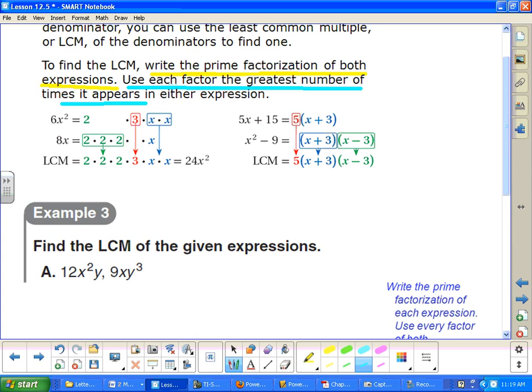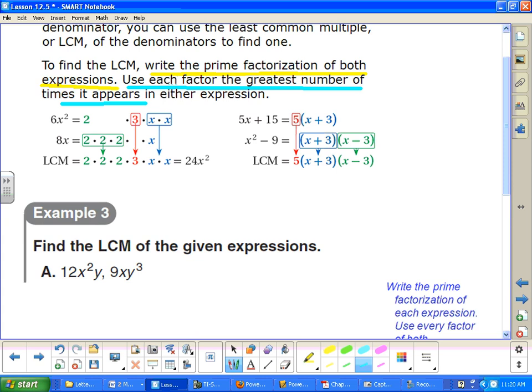So they showed a couple examples here. 6x squared. Prime factors are 2 and 3, and then x times x. 8x. If I write the prime factorization, I have 2 times 2 times 2, and x. So we include in our answer the greatest number of each of those prime factors.